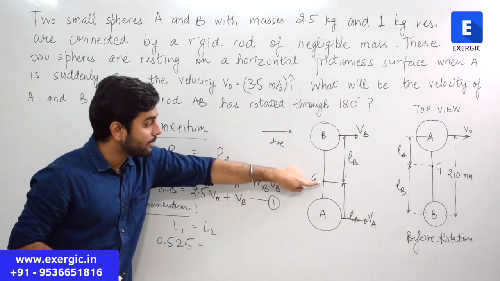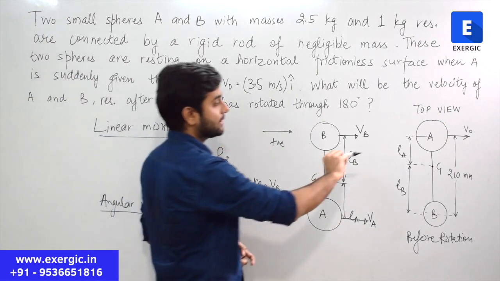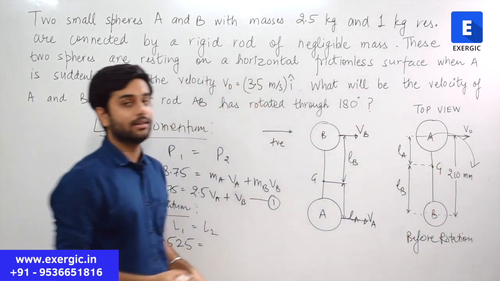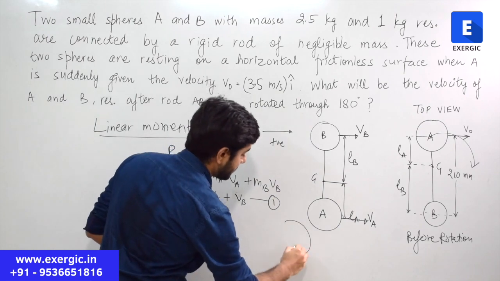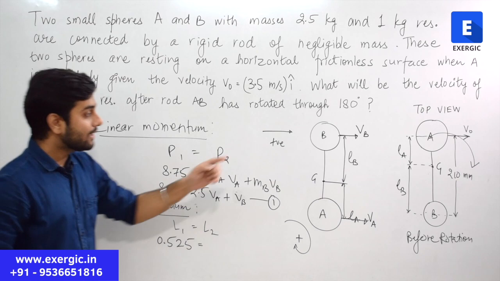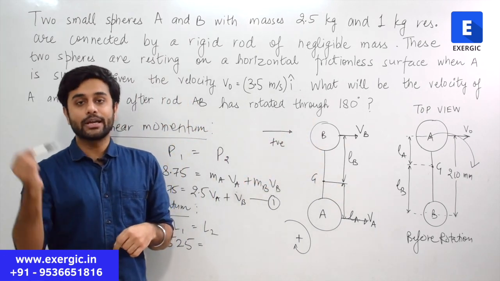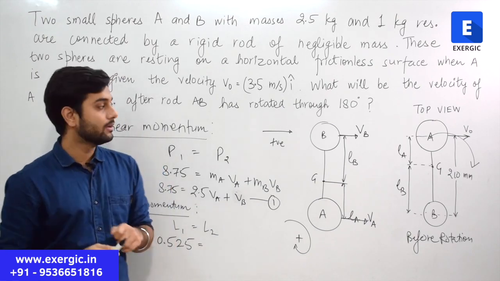Similarly, final value will be about G, and this value was clockwise. This velocity is going in this direction, clockwise of center of gravity, and that we have taken as positive. So here also clockwise we will take as positive. So whatever angular velocity is going clockwise, positive, anti-clockwise or counterclockwise, negative.